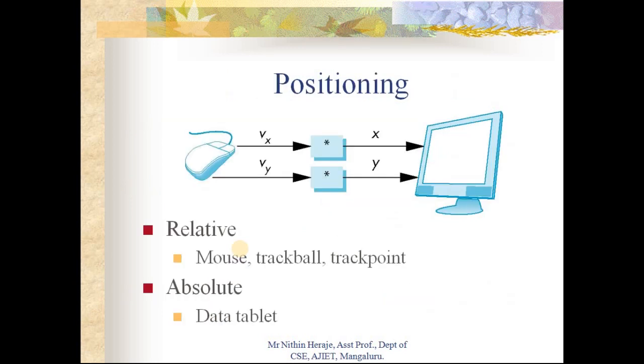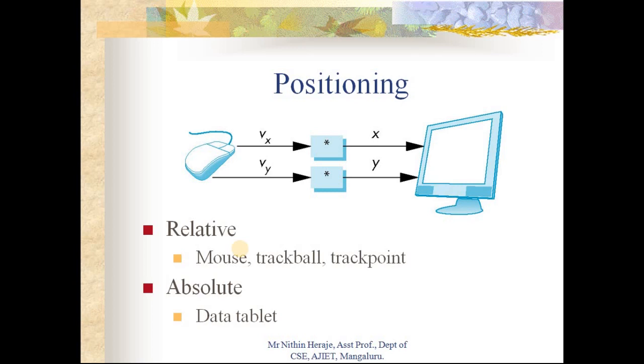Next is positioning. There are again two types of classification in positioning: relative positioning and absolute positioning. Mouse, trackball or track point have relative positioning.